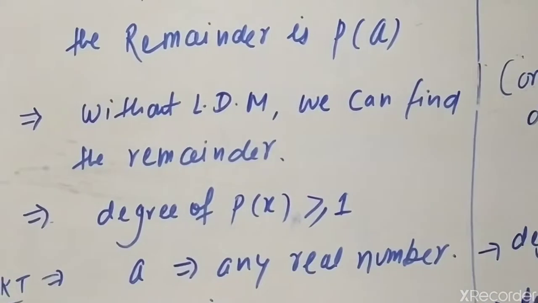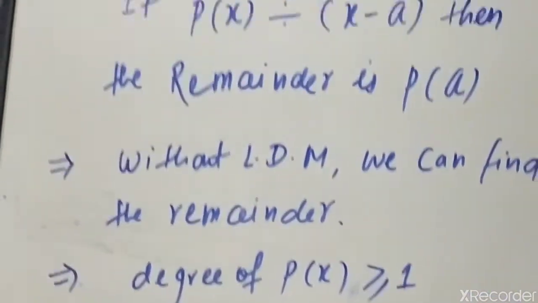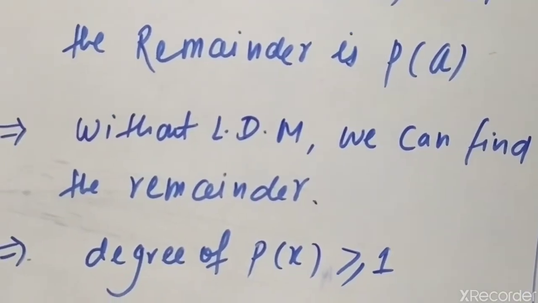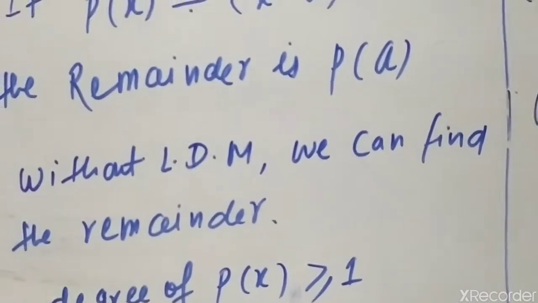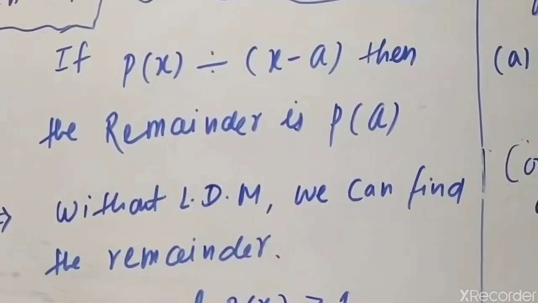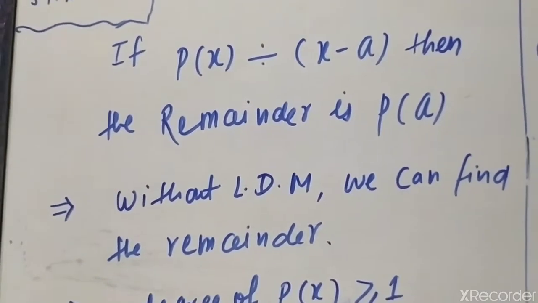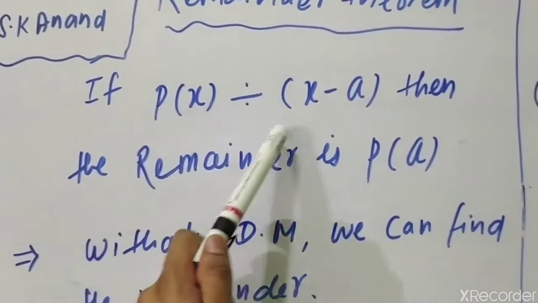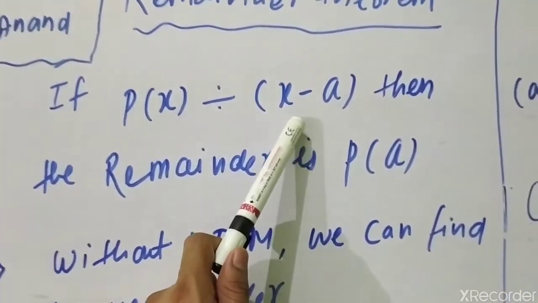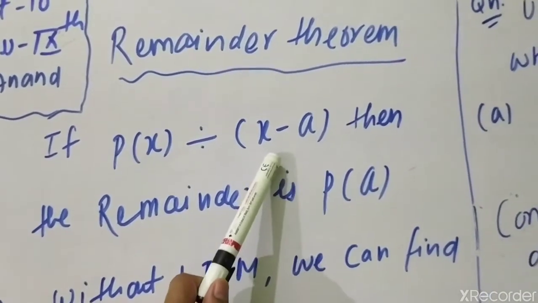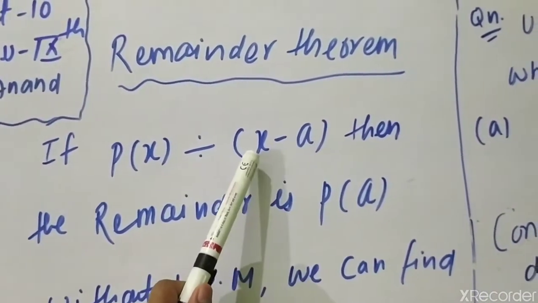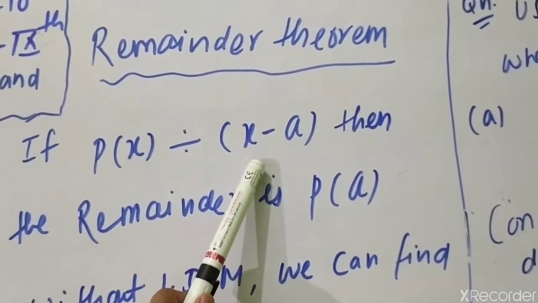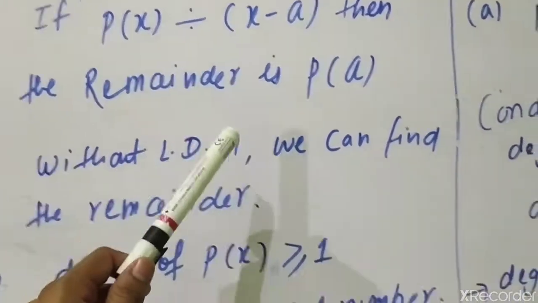I will tell you that again. The degree of p of x may be greater than 1, but g of x is always a linear polynomial. It means the degree of g of x should be only 1.